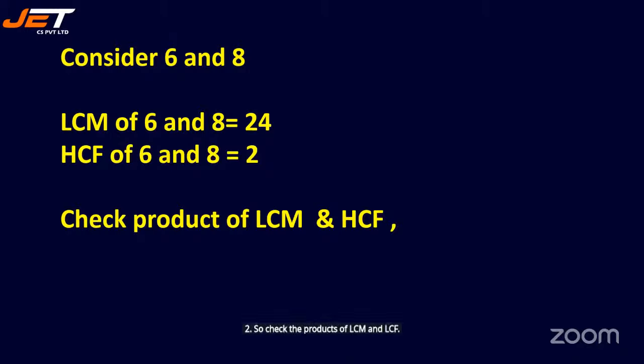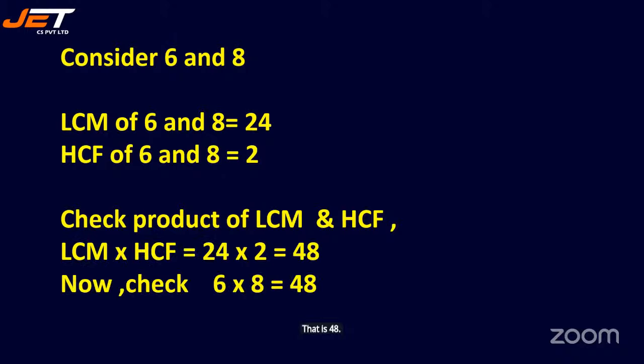That is 48. Now check what is 6 into 8, 48. It's clear, no? You just have to multiply the numbers, and that would be the same as multiplication of your HCF and LCM.